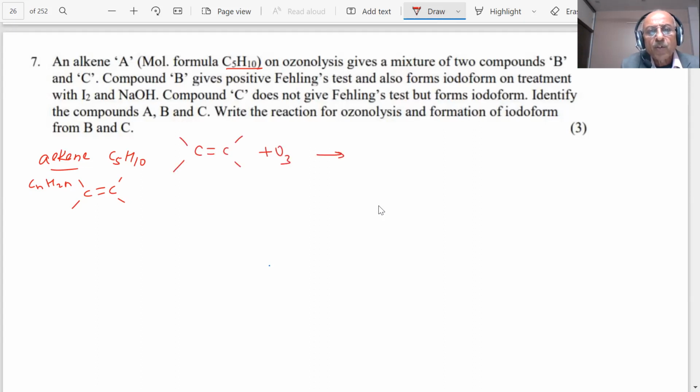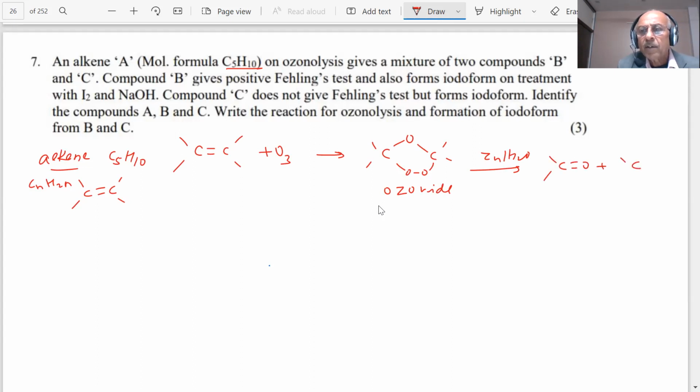What it forms, student? Ozonide. You have studied this. And what happens when we react it with zinc and H2O? These bonds will break, and what you get, student? You get two carbonyl compounds.